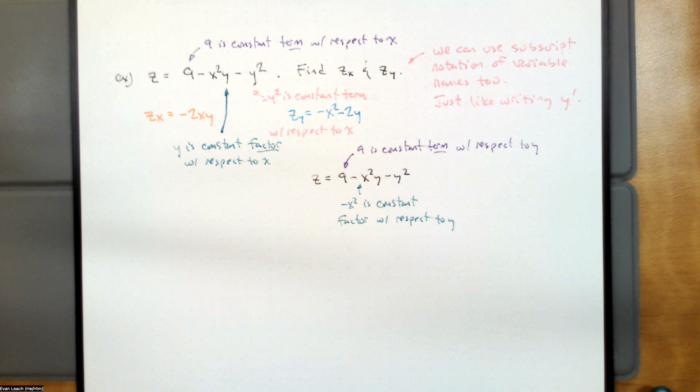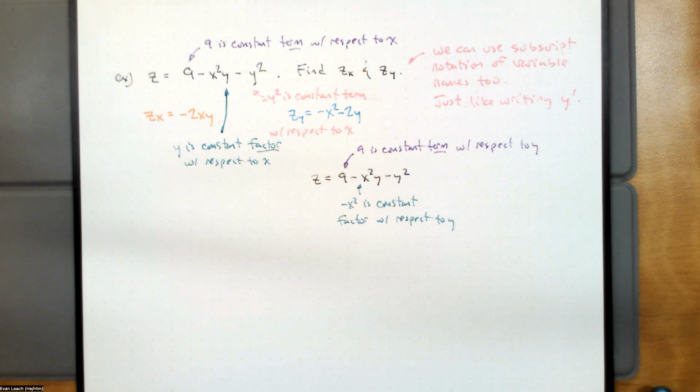Any questions? The other thing that I wanted to point out with this particular example is that I wrote find zx and zy. We can use our subscript notation, our new prime notation, our subscript notation with variable names too. We don't just have to restrict that to functions like f prime. We used to be able to write y prime as the derivative of y when y was a function of x.